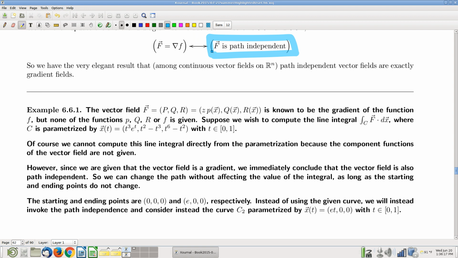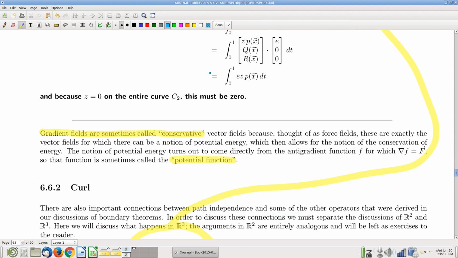What y'all are going to use multivariable calculus for in other contexts will not just be compute this, compute that, compute the other thing. I mean, Wolfram Alpha exists, right? So you need more than just how to compute stuff. Wolfram Alpha can already compute that stuff for you. So path independence is actually a really important idea.